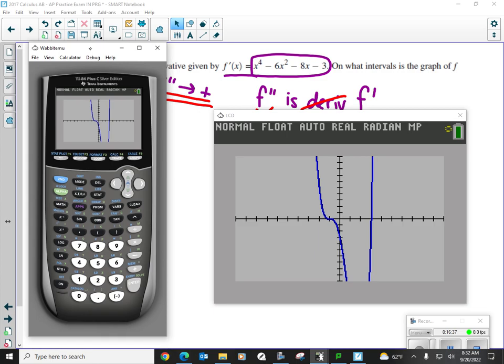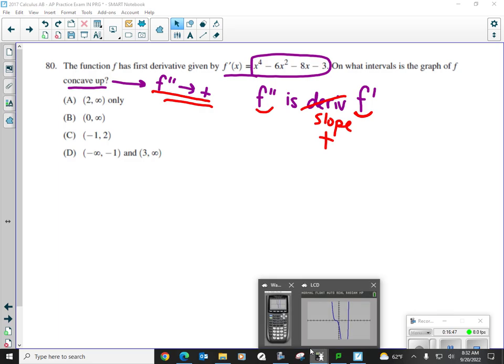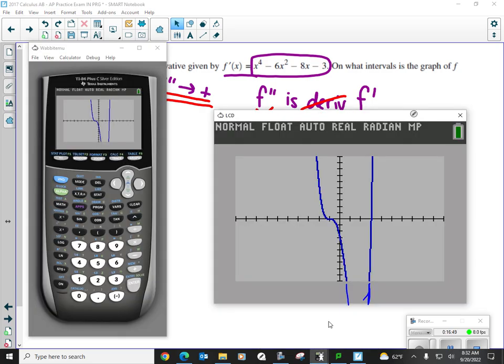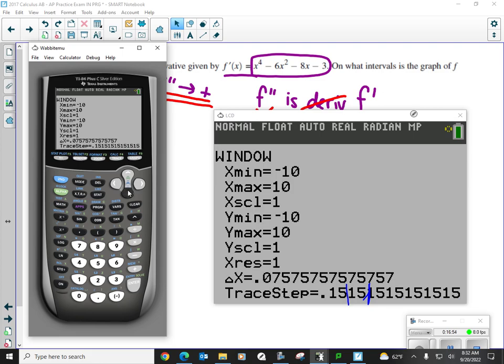Now, it's where this is positive. Let me drop down so I can see the bottom. This graph should come down here somewhere. Let's go to the window and drop that down a little bit. Go to -20.